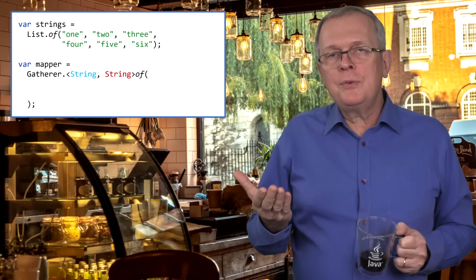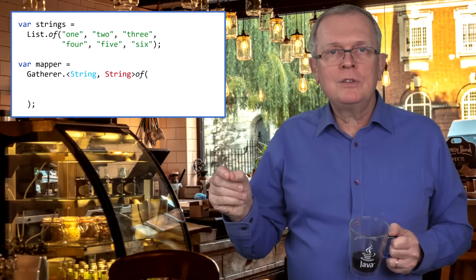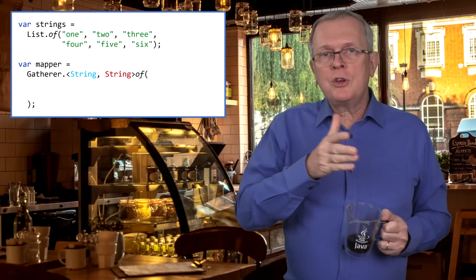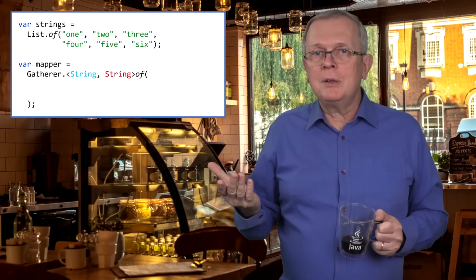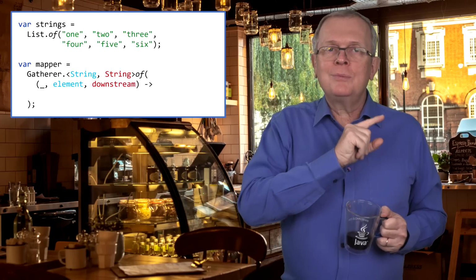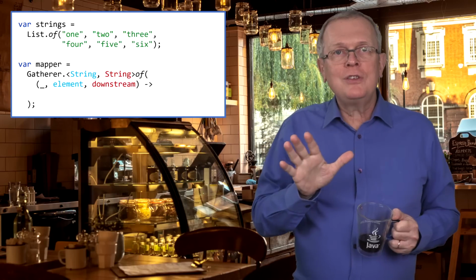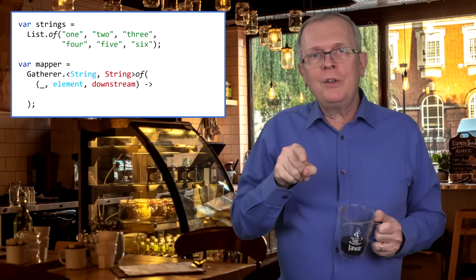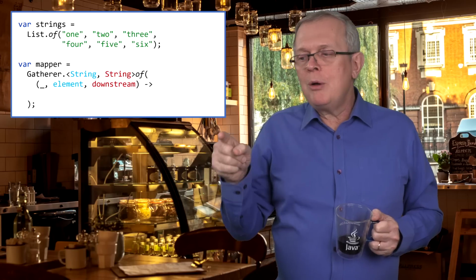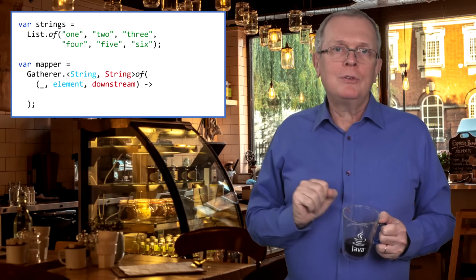This parameter is of type Integrator, and its role is to integrate a new element to the stream produced by this gatherer. Integrator is a functional interface, and the lambda you need to implement takes three parameters. We are not using the first one for now, so let us use this underscore parameter that is just telling that. The second one is the element of the stream you need to process, and the third one models the downstream this gatherer is pushing elements to.